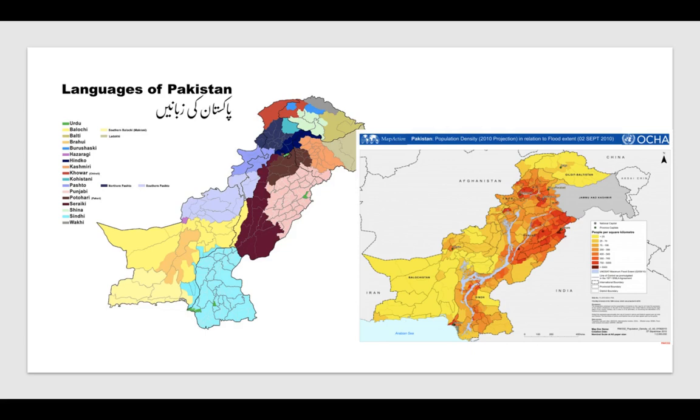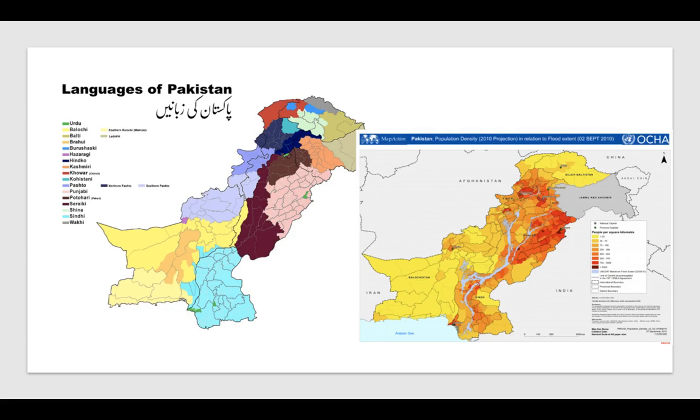We can see from the map that some of the most crowded areas are the Sindh region and the Punjab region. So we can assume that those two languages spoken in those regions would probably be the most popular. The language spoken in Punjab would be Punjabi, and the language spoken in Sindh would be Sindhi.